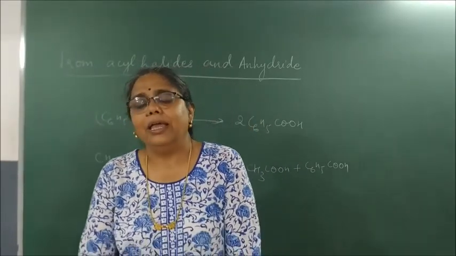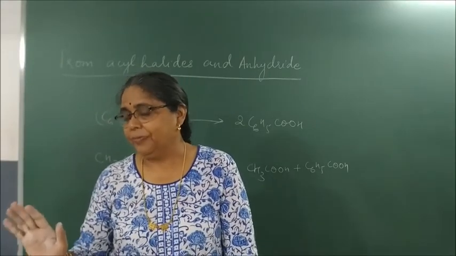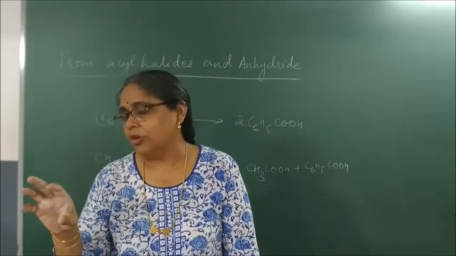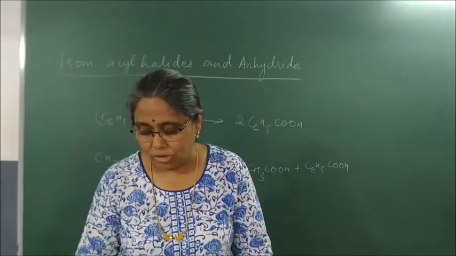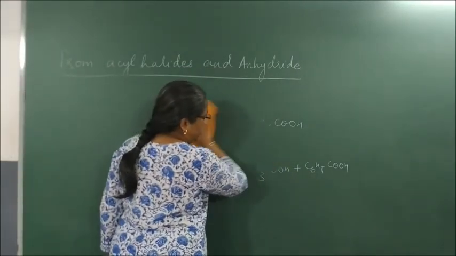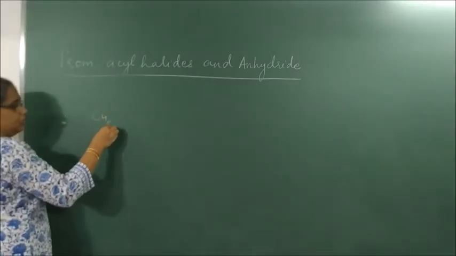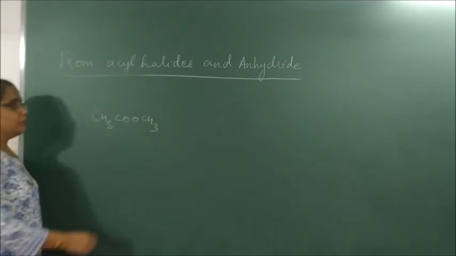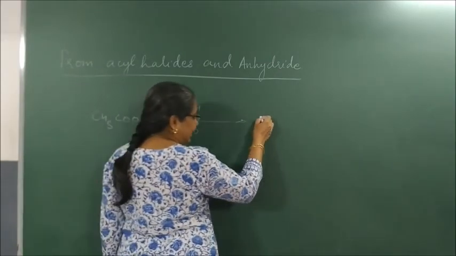Please understand. Acidic hydrolysis of an ester will directly give you an acid. Alkaline hydrolysis of an ester will give a sodium salt of an acid, which on acidification will give acid. If I take an ester, let us suppose CH3COOCH3, and I do its acidic hydrolysis, I will directly get what?